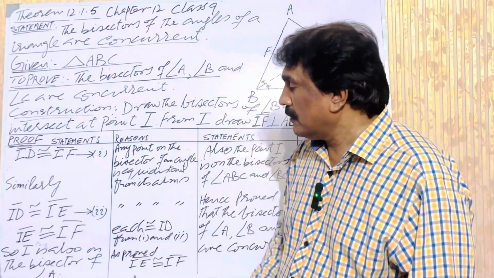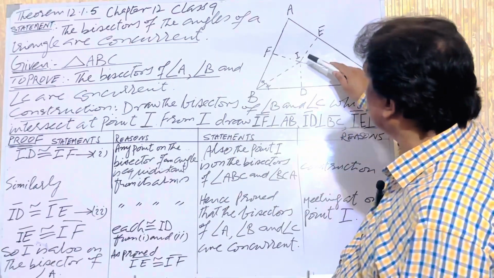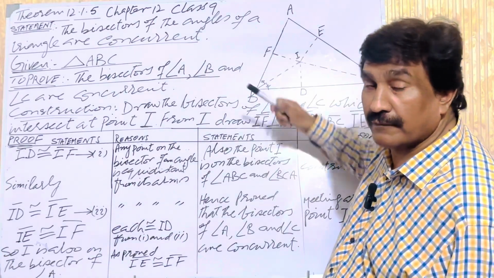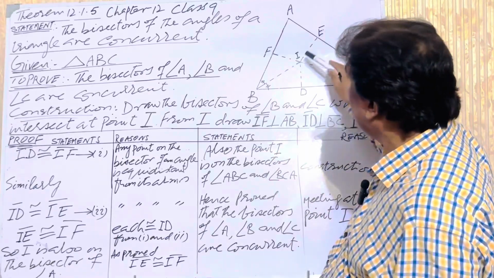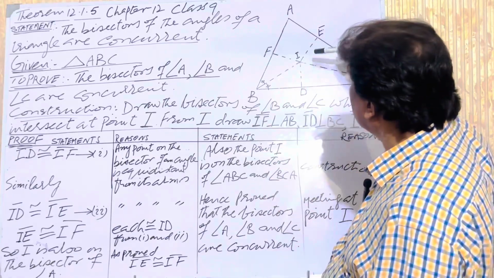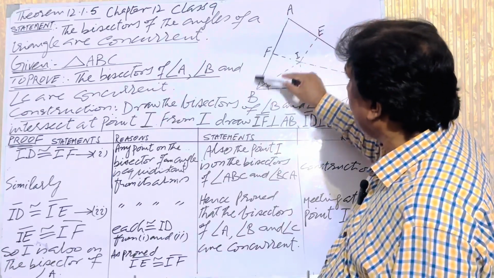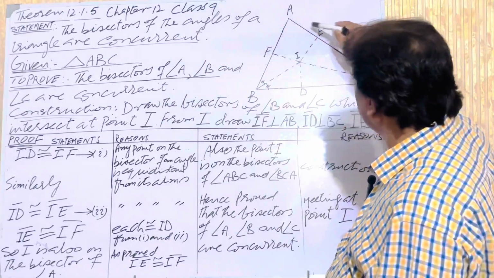Done? So what is now IE? IE is this one and IF is this one. What are basically these IE and IF? Look at this. These are the arms of angle A. One arm is AB and the other arm is AC.